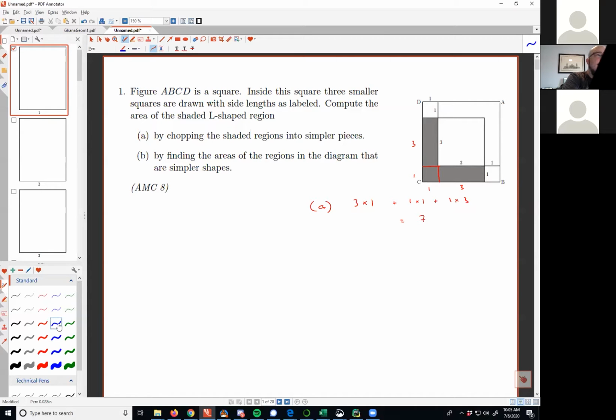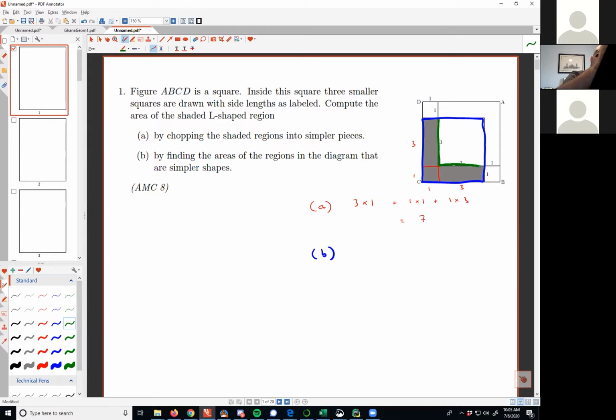So how about part B? What would be the way to do this without chopping this thing up into pieces? We could find the area of the simple shapes, like we have a 3x3 square. And then we subtract.